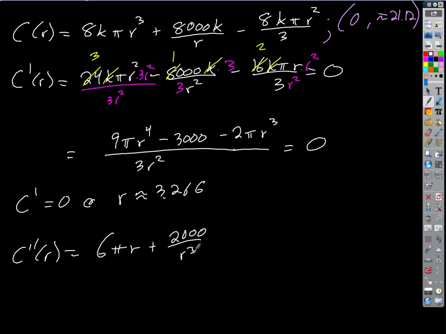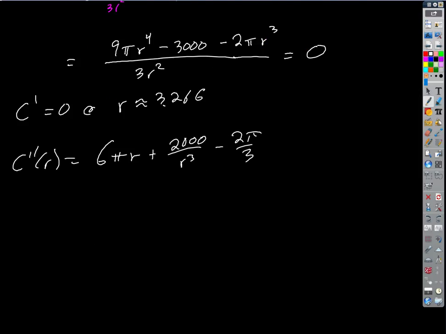And then the last one, we're going to get just a constant, right? We're just going to get minus 2 pi, 2/3 pi. Okay, well, if we plug in a number like 3 point something, would you agree we're going to get a positive result, right? This one's going to be like 3 point something.